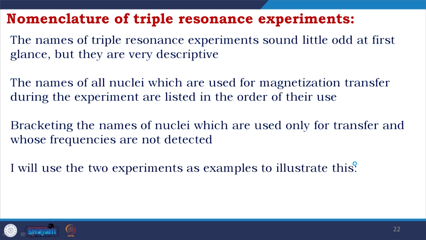I will use two experiments as examples to illustrate this, HNCO and HNCACO. So, as I told, HN and C, but here C alpha is also used, whose role is to transfer, but its frequency is not recorded.